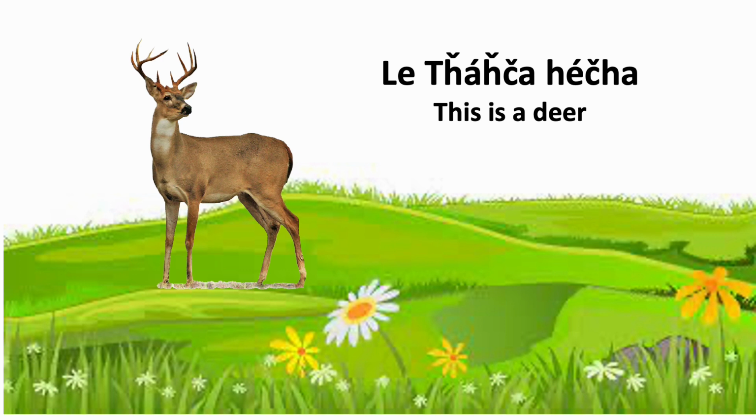This is a deer. So there's our le, meaning this. Takhja is the deer. Hecha means, if you go back to the definition, it belongs to that group. So of all the deer in the world, this deer right here belongs to them. This is one of their species. Le takhja hecha. This is a deer.